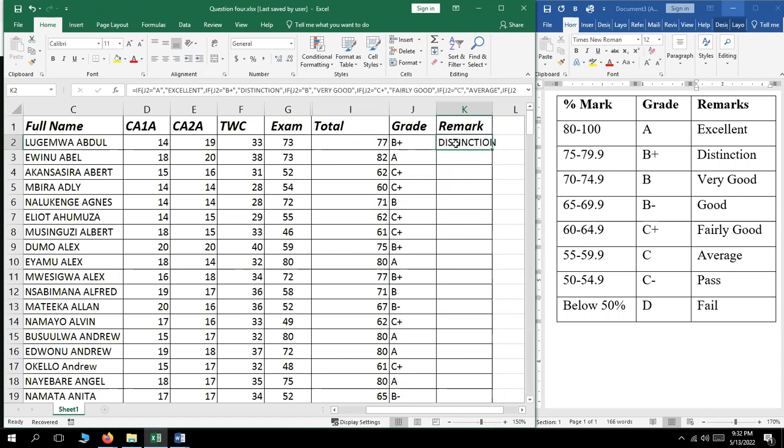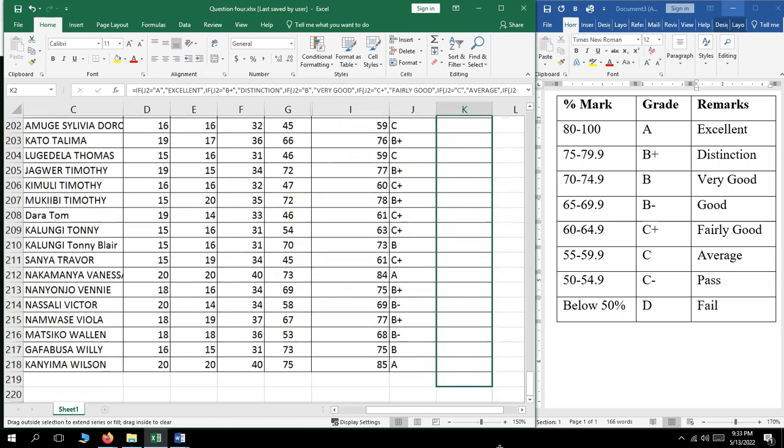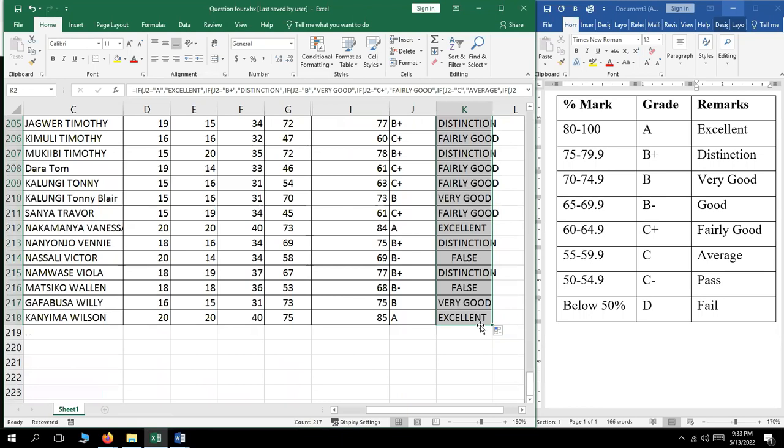So you can see that now I have 77. The grade is B plus. If I look under B plus, the remark we have is distinction. It is corresponding. So I'm just going to drag using the fill handle and populate all other cells.